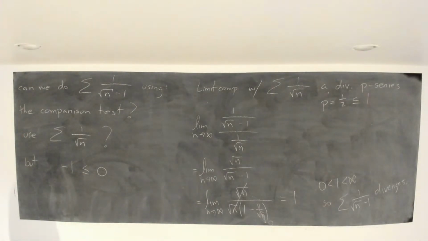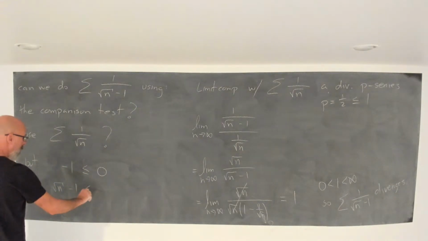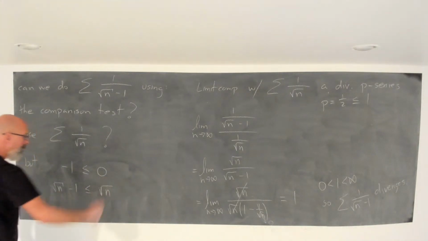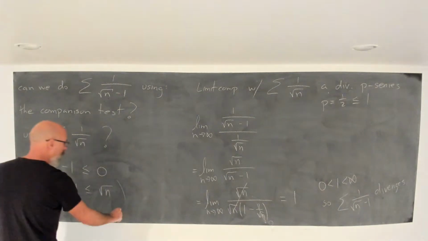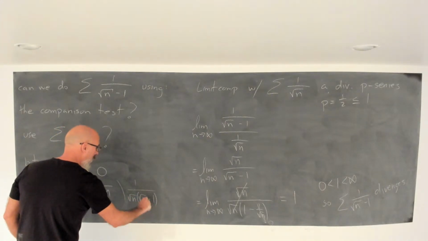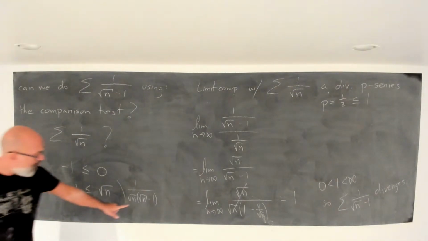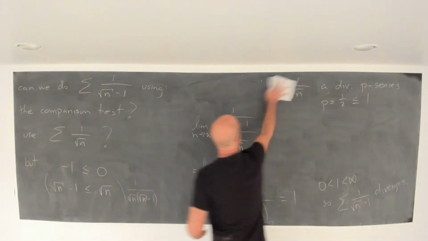As you know, -1 is less than or equal to 0. So if we add root n to both sides, we have this. And if you multiply the whole inequality by 1 over root n minus 1, which is positive, so the inequality is maintained, what do you get?